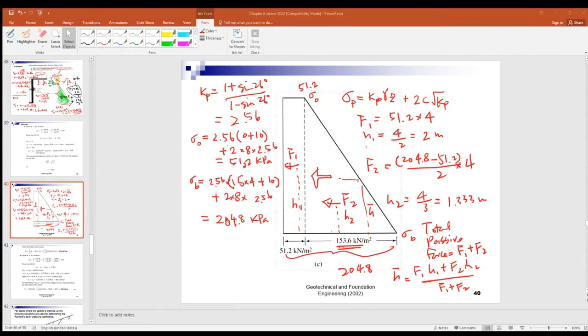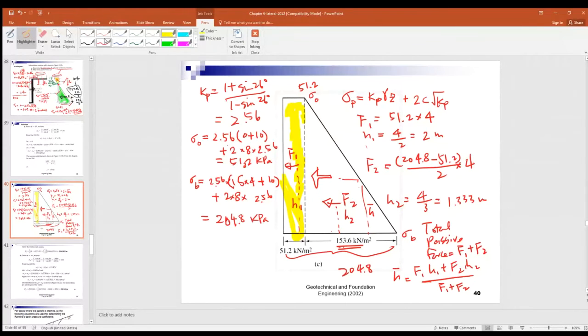Okay, somebody wants to know how to find out the H1, H2. It's quite straightforward. Now here, H1, now the area of this rectangle. Now tell me what's the centroid of this rectangle, right?